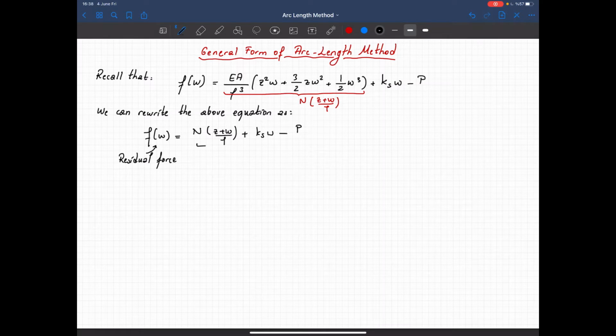So this part of the equation represents the internal forces, and this is the external force. Thus, we can write the above equation again in a more general form.